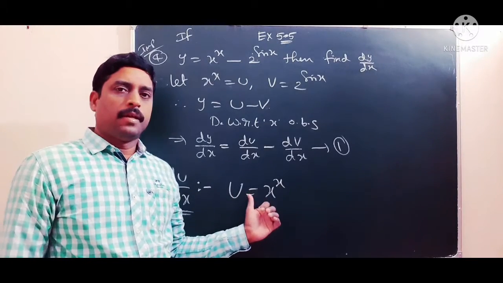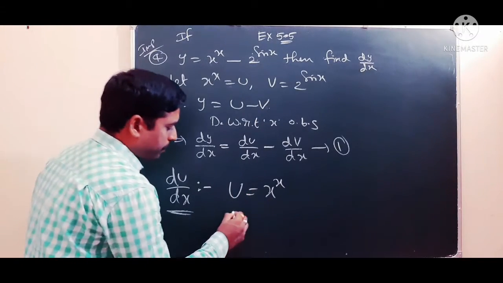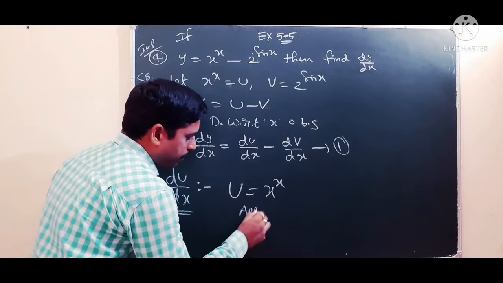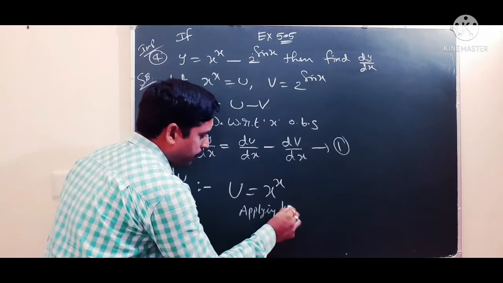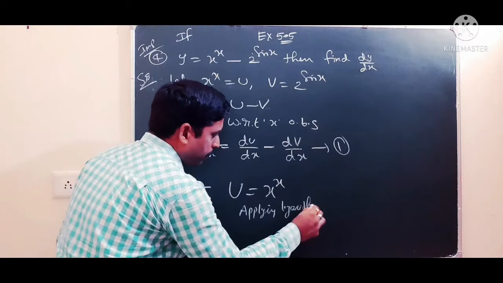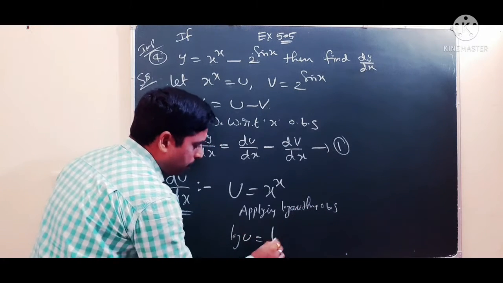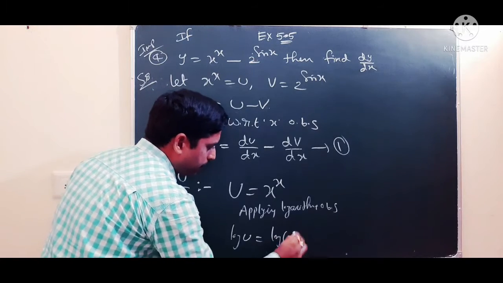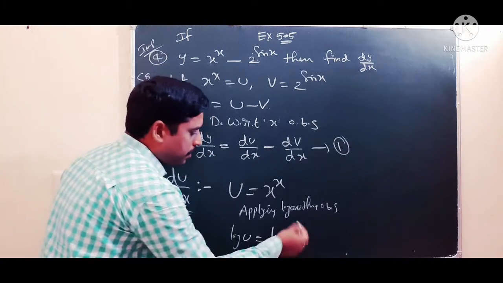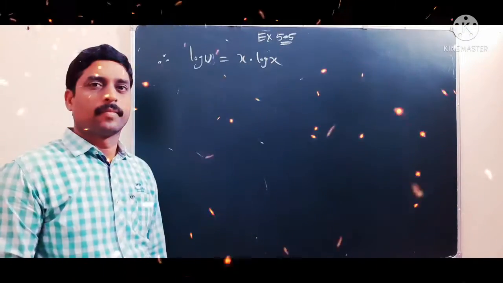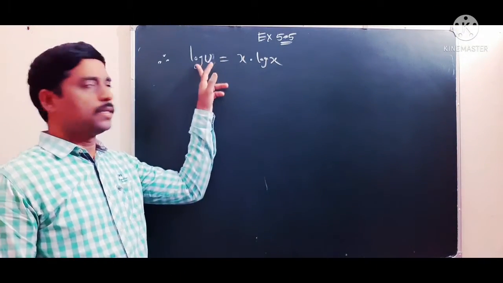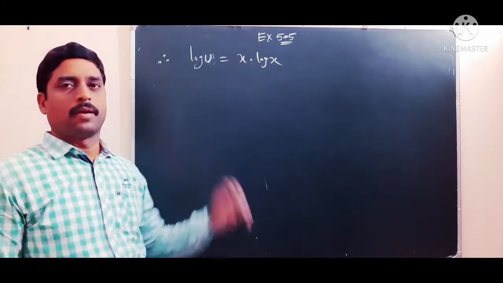Applying logarithm on both sides. So log u is equal to log of x to the power x. So log of x to the power x is nothing but x into log x. Okay, we got it: log u is equal to x log x.